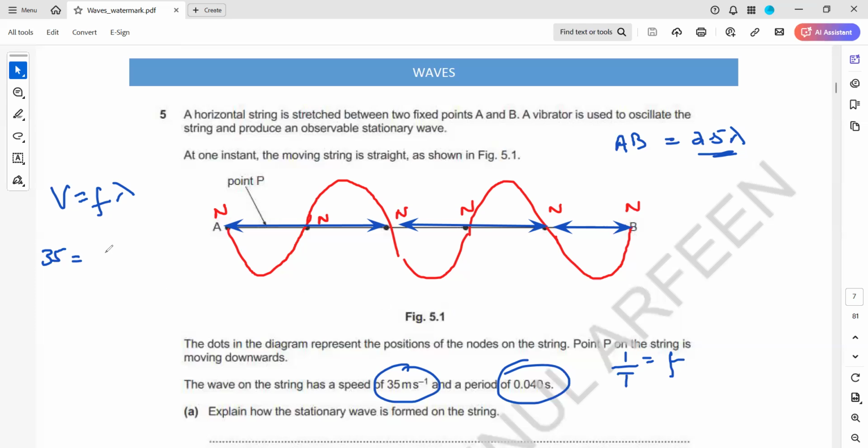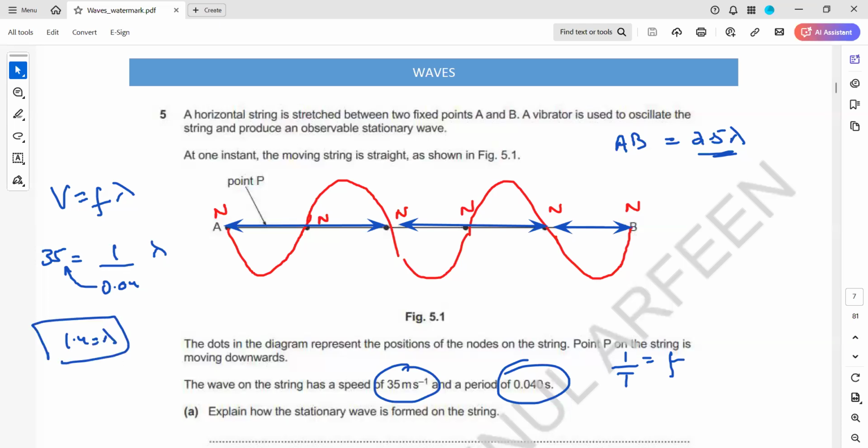So in place of frequency, we can substitute 1 over the time period. So it will be 1 divided by 0.04 times the wavelength. 0.04 is divided, on the other side multiplied. So 35 times 0.04. What's the answer? 1.4. Okay, so the wavelength is 1.4 meters.